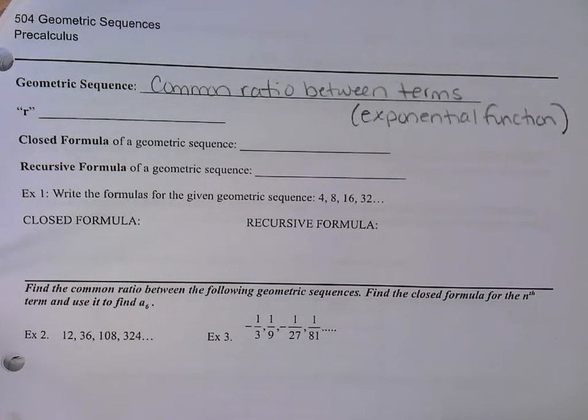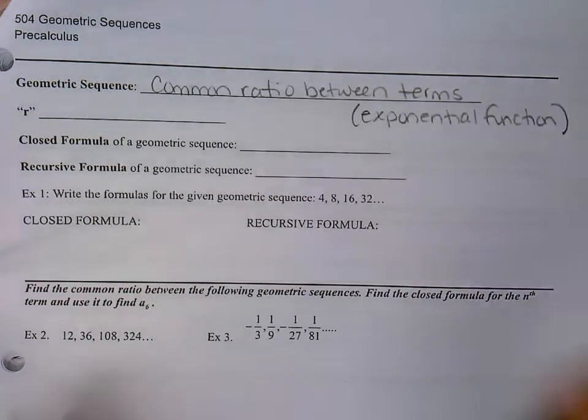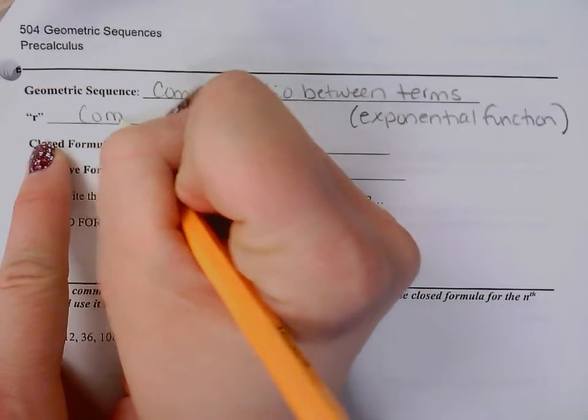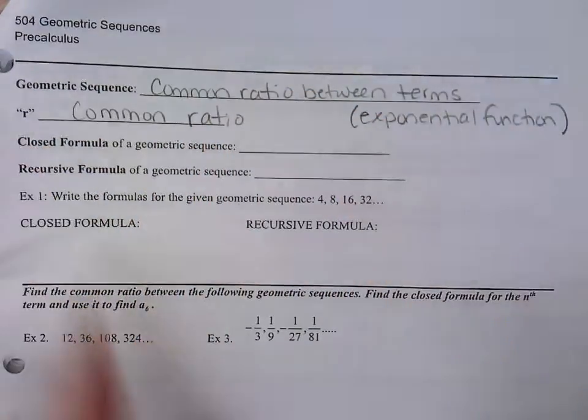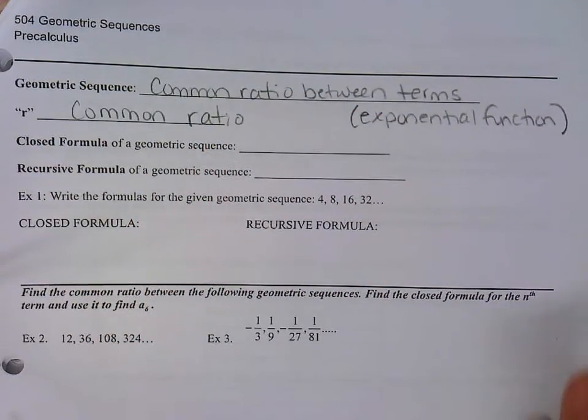This is multiplying by a consistent ratio, just like our friend, the exponential function. So r is that common ratio. We were finding d last time. Now we're going to find r, the common ratio.